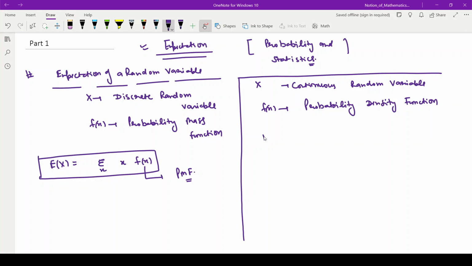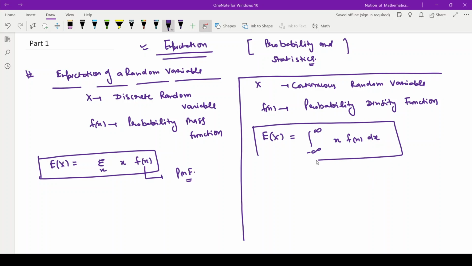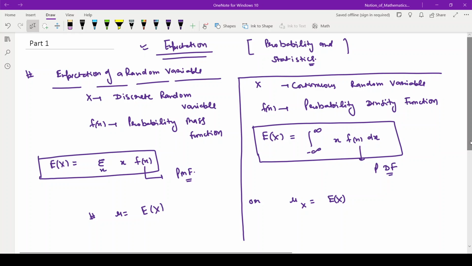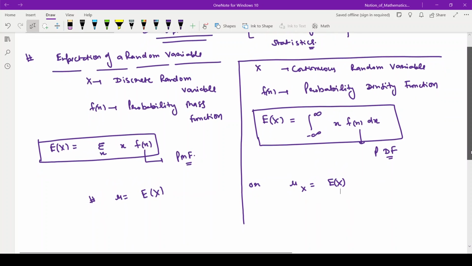So how to write the expectation of X in such a way? Minus infinity to infinity x into f(x) dx, where f(x) is the associated PDF. And there is one more fact here: mean is the expectation of X, or we can also write that the mean of a random variable is the expectation of X. So this is all about the definition of expectation of a random variable.